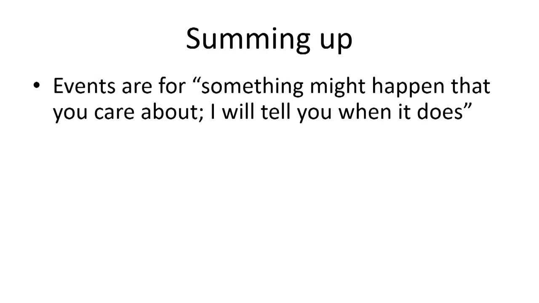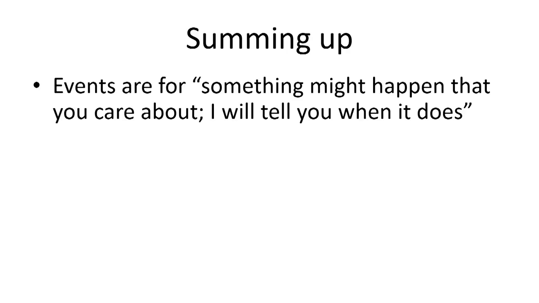So, summing up, events are for the situation where there's one object, the source, and it says, something happens, you might care about it, I'm going to tell you when it happens. And then the sink, the listener, is the code that says, oh, well, I care about when that happens.